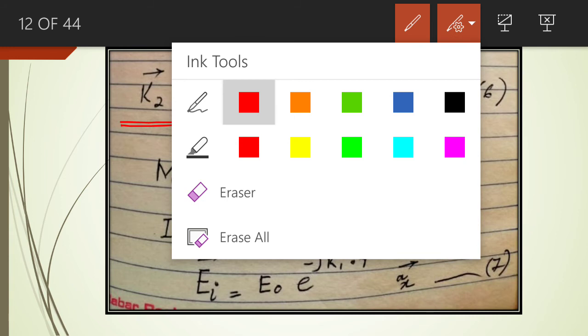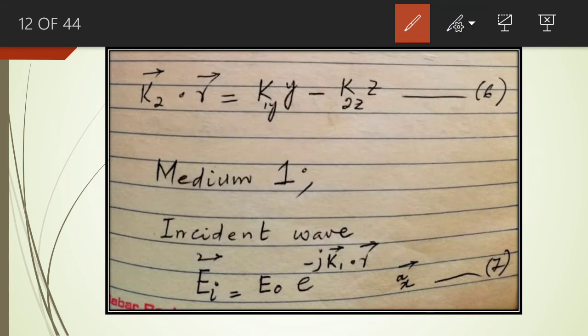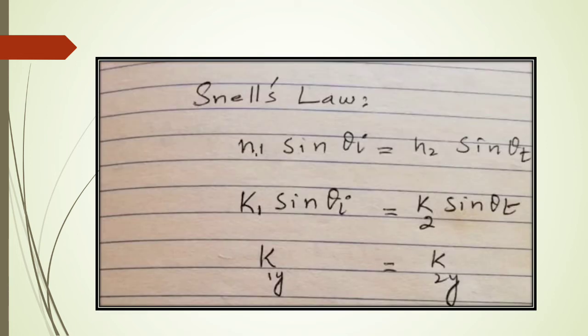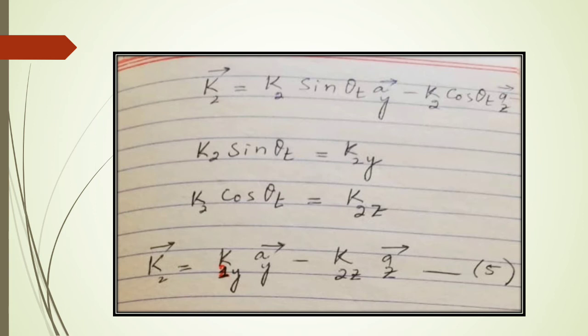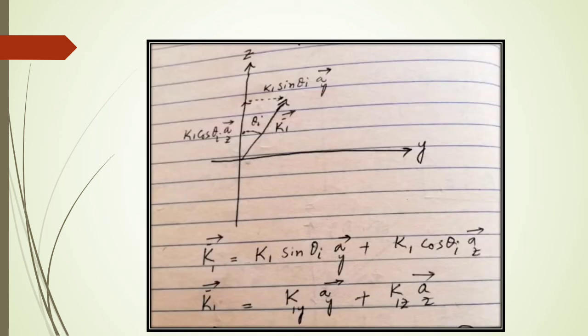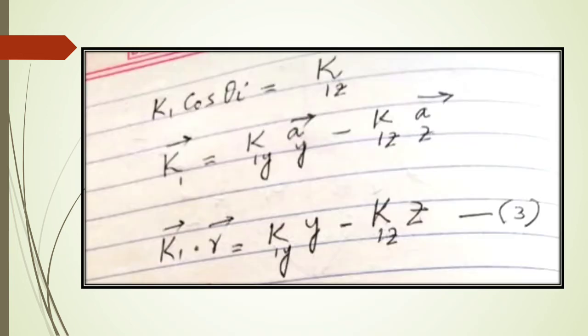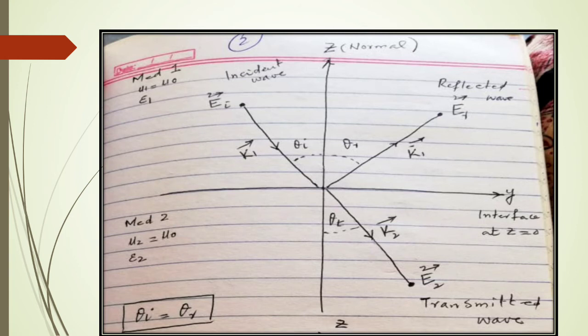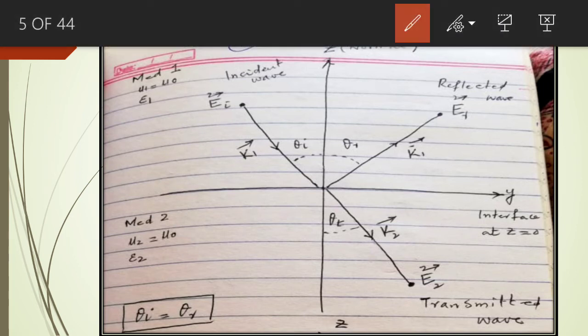Now we consider medium number 1. Let me consider medium number 1 in the diagram. If you consider medium number 1 in the diagram, there are two waves in medium number 1.